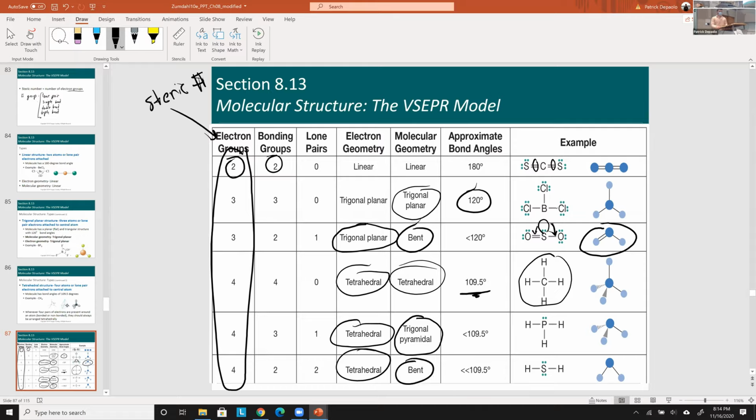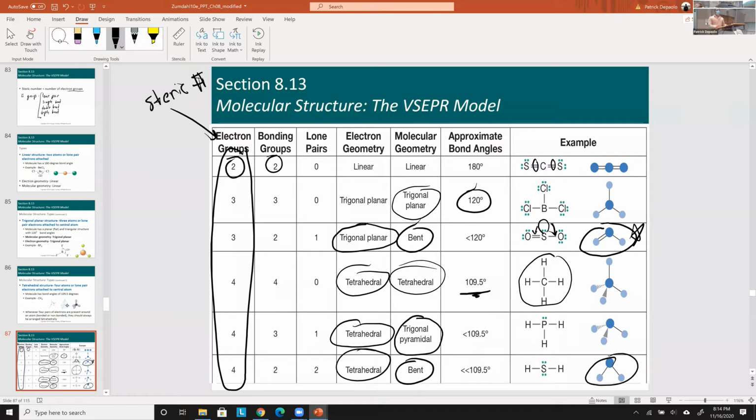But in this case, the bent structure will be forced more bent than we saw before because instead of one pair of electrons pushing them, there are now 2 pairs pushing them. So for water, it's very bent. If you compare the bentness of this one that I have circled up here and this one down here, this one's more bent. And the angle will be a lot less than 109.5.